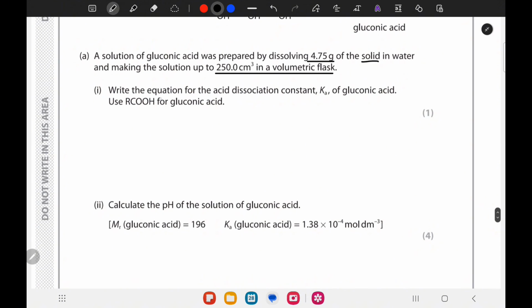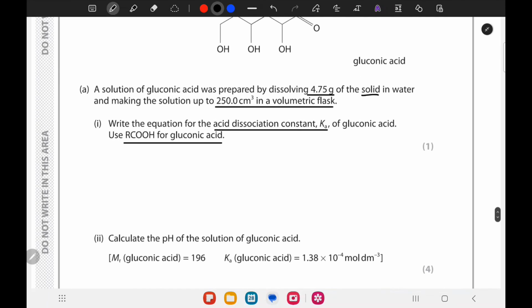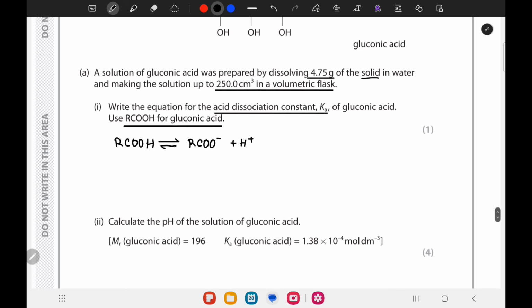In the first question, we have to write the equation for the acid dissociation constant Ka using RCOOH for gluconic acid. The dissociation is basically RCOOH being dissociated into RCOO minus and H plus.